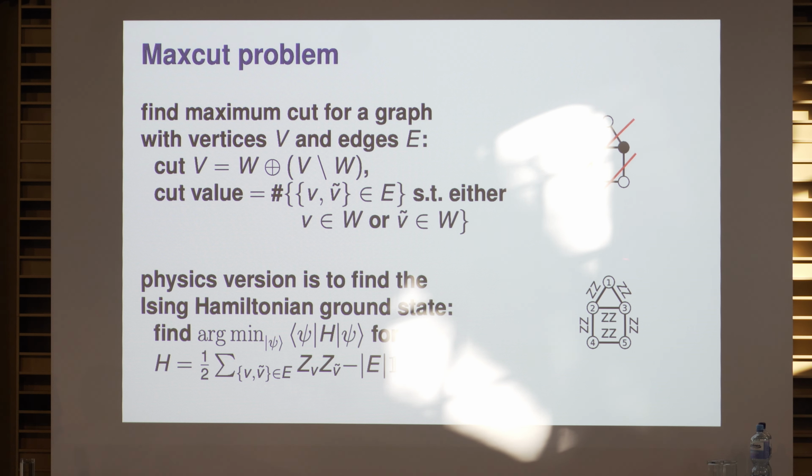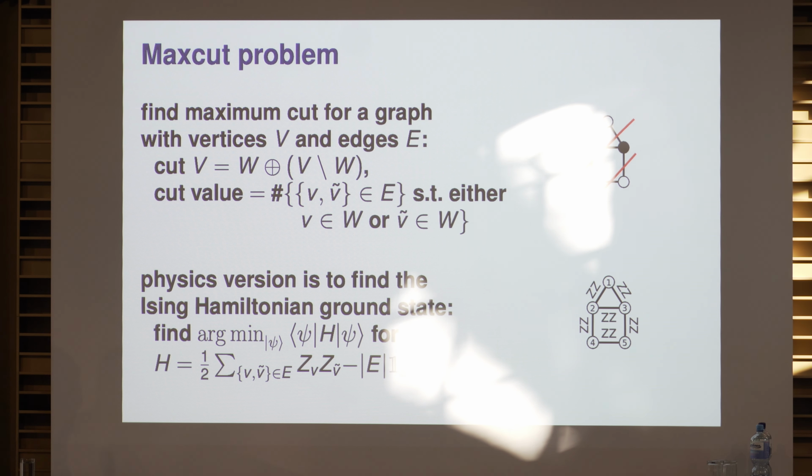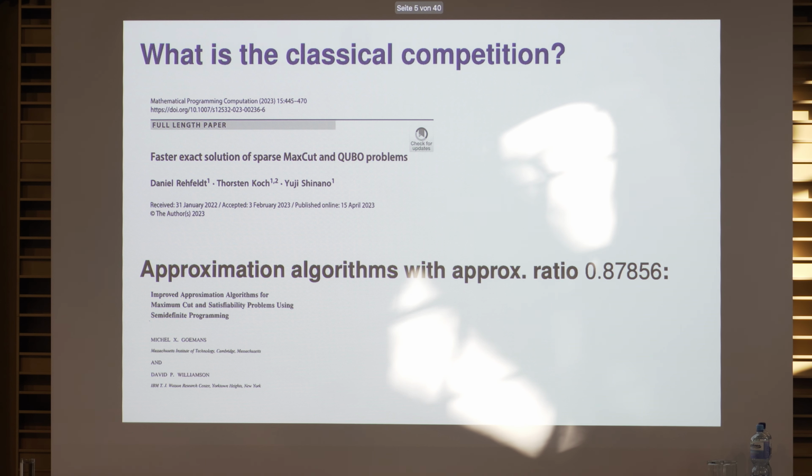You can have this picture here with some Ising Hamiltonian on the same graph. But it's important: given a graph, you want to solve the maxcut problem. Obviously for this toy example, you can just try all possibilities. But this problem is actually quite important also in industry.